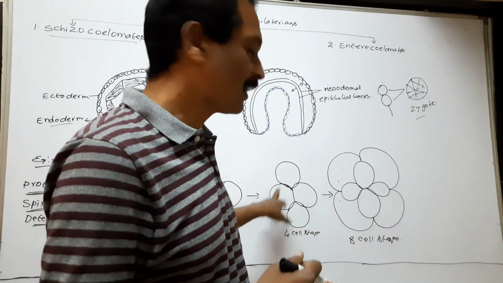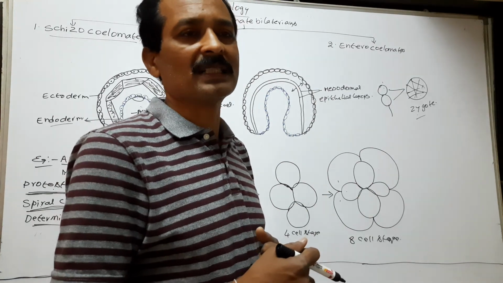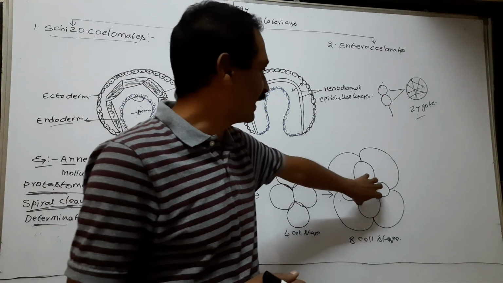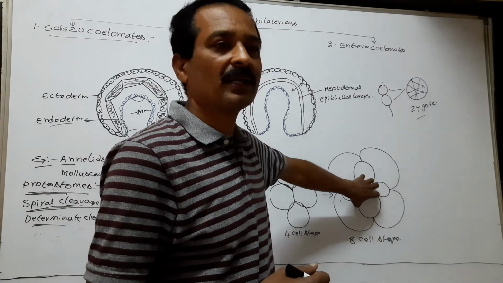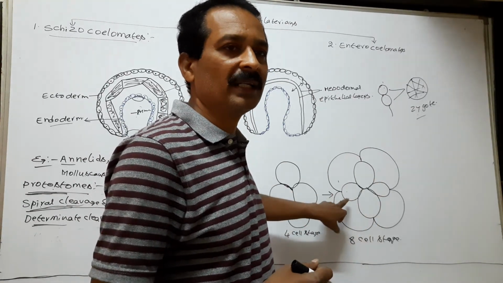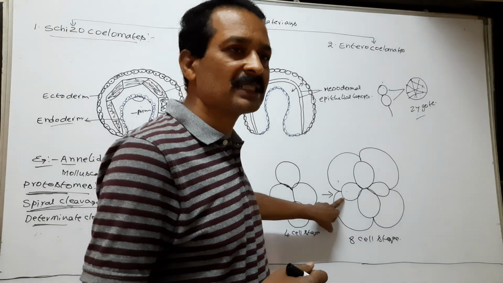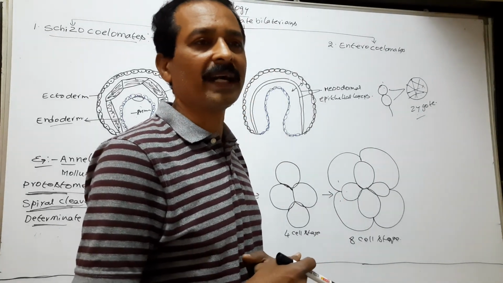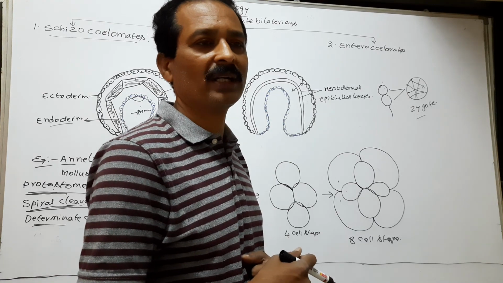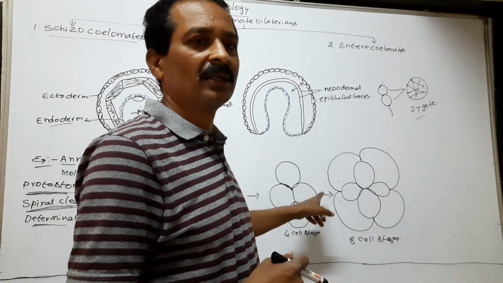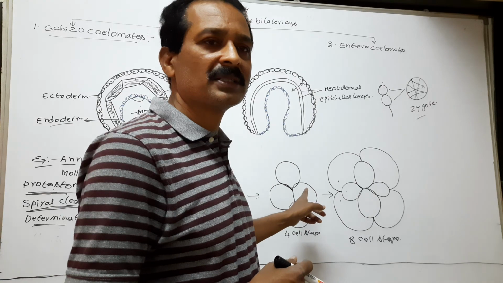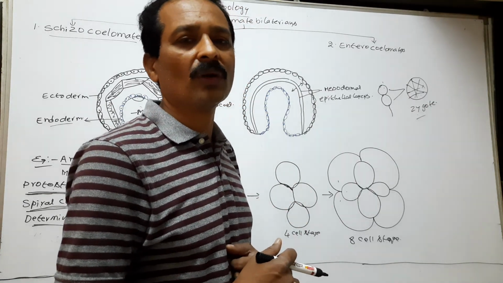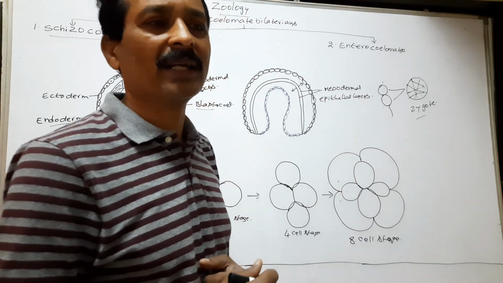So the arrangement of the blastomeres of each upper tier over the cell junctions of the next lower tier, so that the blastomeres spiral around the pole to pole axis of the embryo.